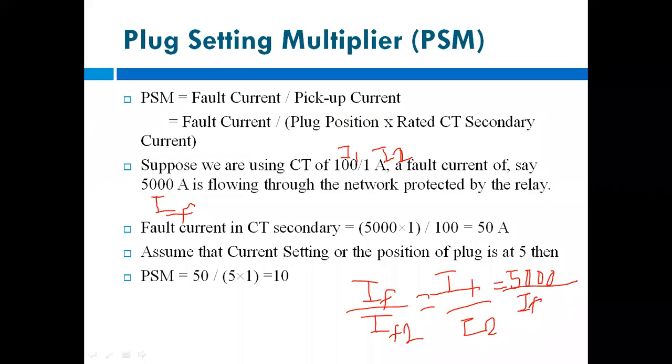For the CT, the primary current is 100 and the secondary current is 1 ampere. So simply you can find IF2 as 5000 into 1 divided by 100. Its value is 50 ampere.